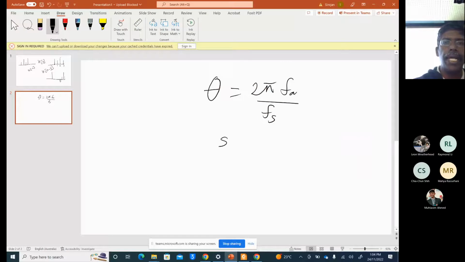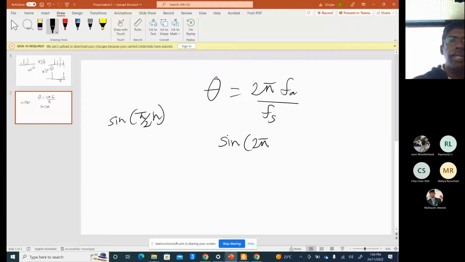If you have a sinusoid signal, let's say sine of pi by 2 n, then if it is periodic, it has to satisfy sine of pi by 2 n equals sine of pi by 2 times (n plus capital N). These two have to be equal. We should be able to find an integer value.